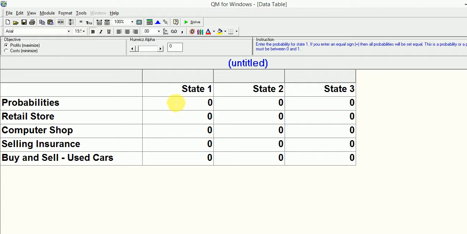You have to define your state 1, state 2, and state 3. Usually, state 1 will be a low market or a market that is not favorable. So let's have this as the unfavorable market scenario.